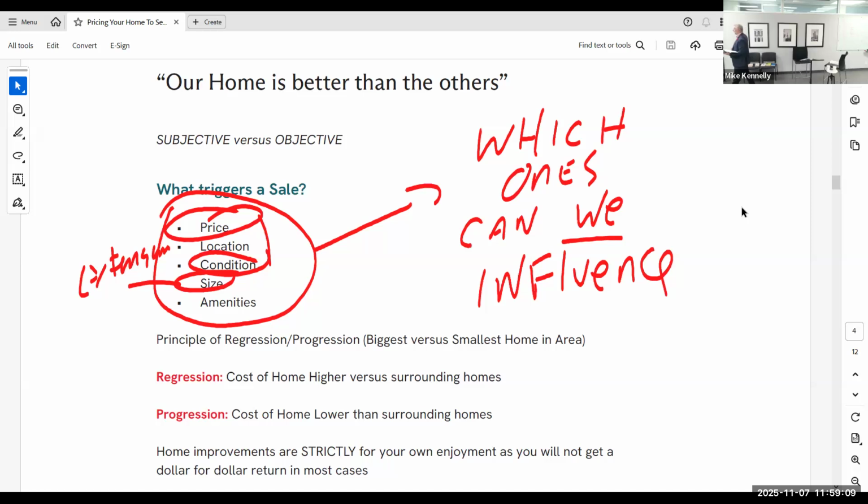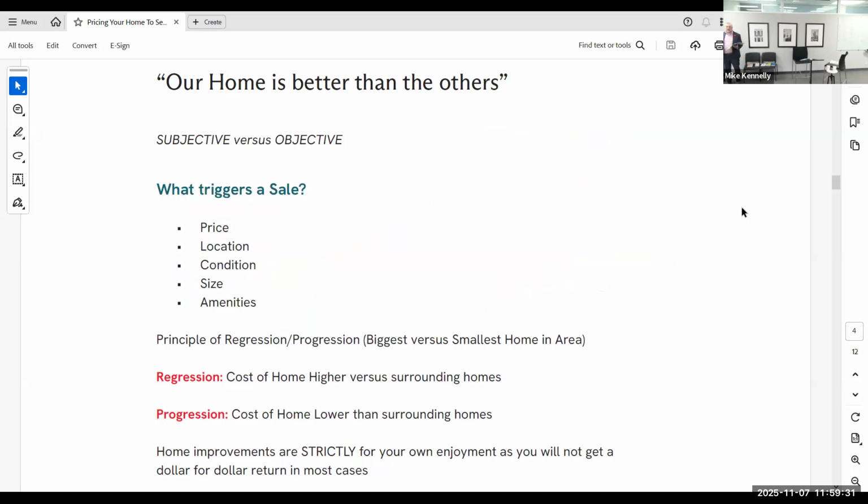So we only have 3 things that are fixed, and we only have 2 things that we could influence. And which one do you think is the most important one for us to influence today to list your property? The price or the condition, the 2 that we can influence? Right. Price. So I keep on coming back to get them in the mindset that you've got to think it's price, price, price, okay?